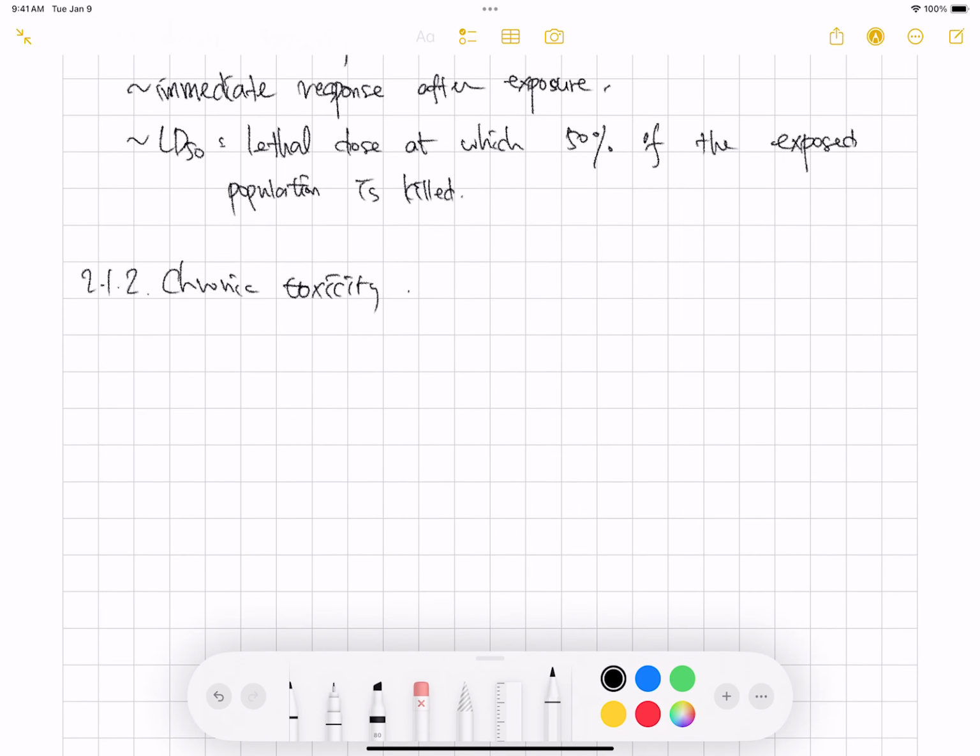Chronic toxicity is responses that are diagnosed after a prolonged period of exposure.